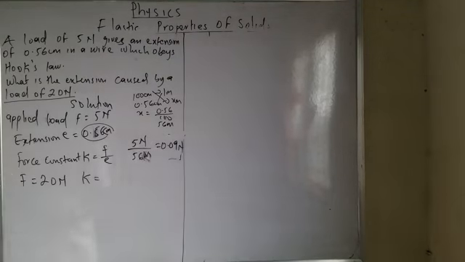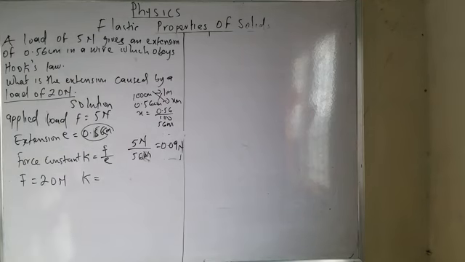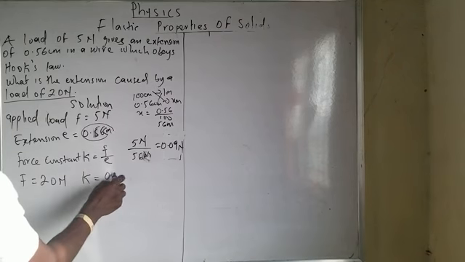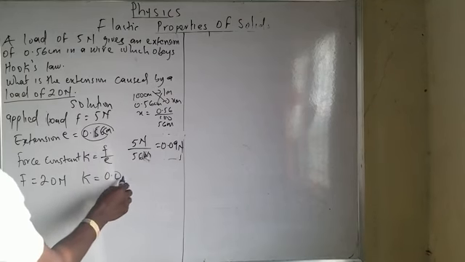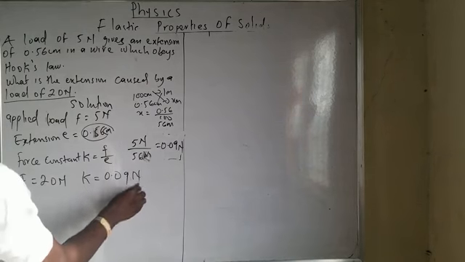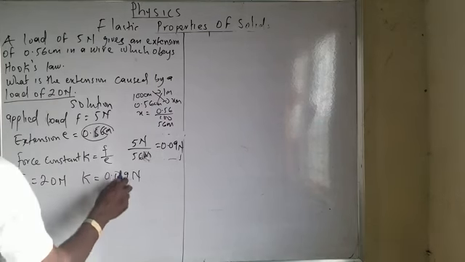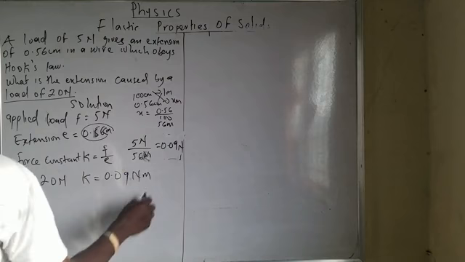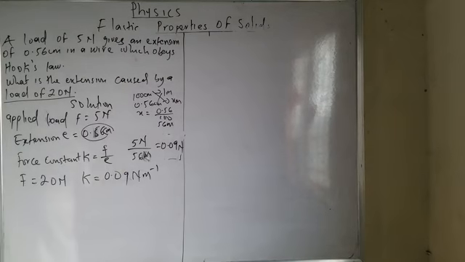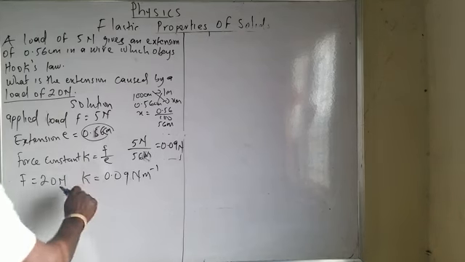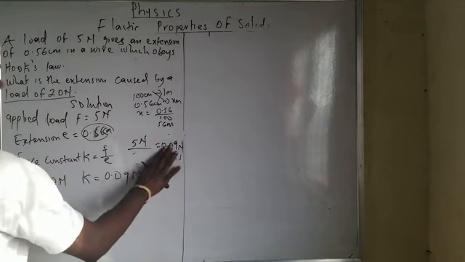0.09 Newton. Now, since I have it that way, it means I can continue by having my K, which will be 0.09 Newton per meter. Even though I use 0.6 without converting it, I can still have my answer.